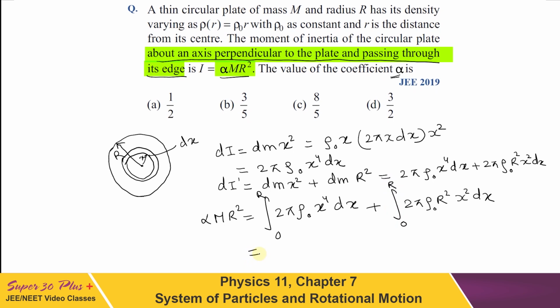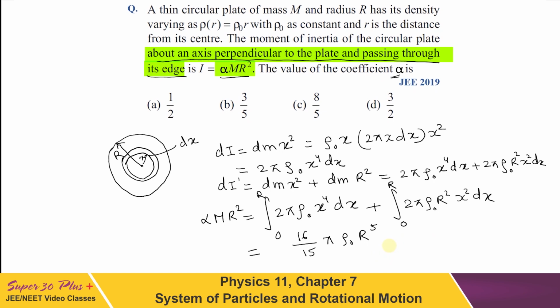On integrating these two terms, finally we will get 16 upon 15 pi ρ0 r5. So if we equate this with alpha m r square, first we have to get the value of m, then only we can substitute the value here.